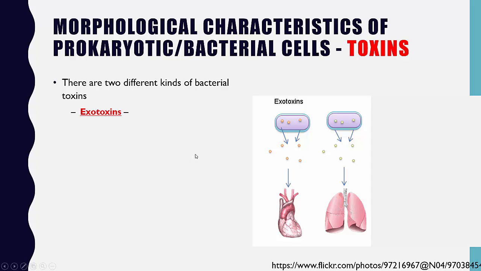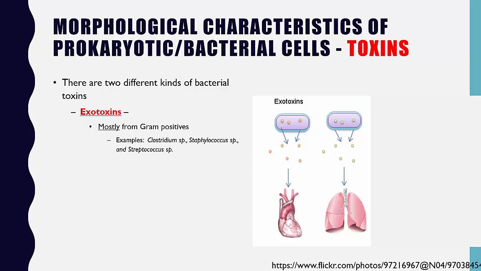The first kind is an exotoxin, exo like exits. So the bacterial cells here are manufacturing the toxins and they are being released. This bacterial cell is making this exotoxin. This bacterial cell is making this exotoxin. Most exotoxins, but not always, are from gram-positive bacteria.